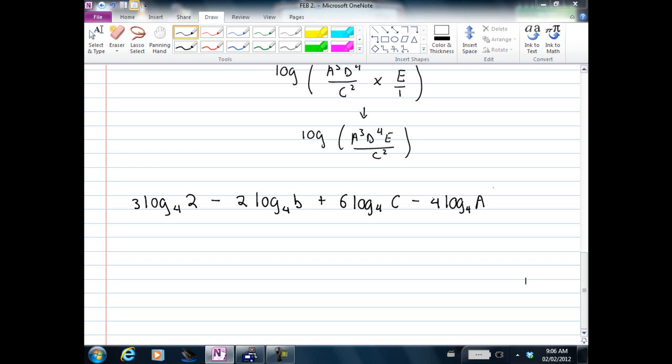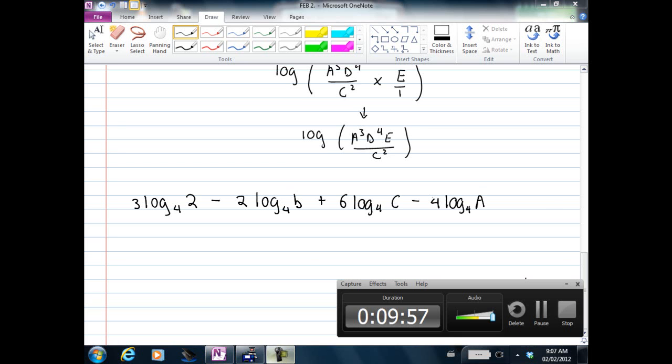Too many logs. I don't like too many logs. I like it nice and clean. Simplify this for me. I'm going to pause it and let you have some fun again.